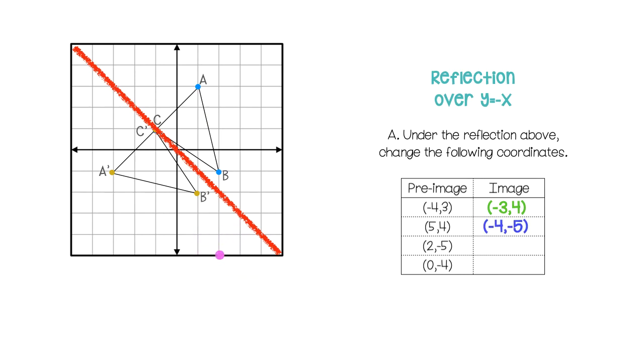To -5, I want to flip over that line y equals -x. That gives me the point 5, -2. And lastly, 0, -4, flipped over that red line to give me my mirror image is at 4, 0.